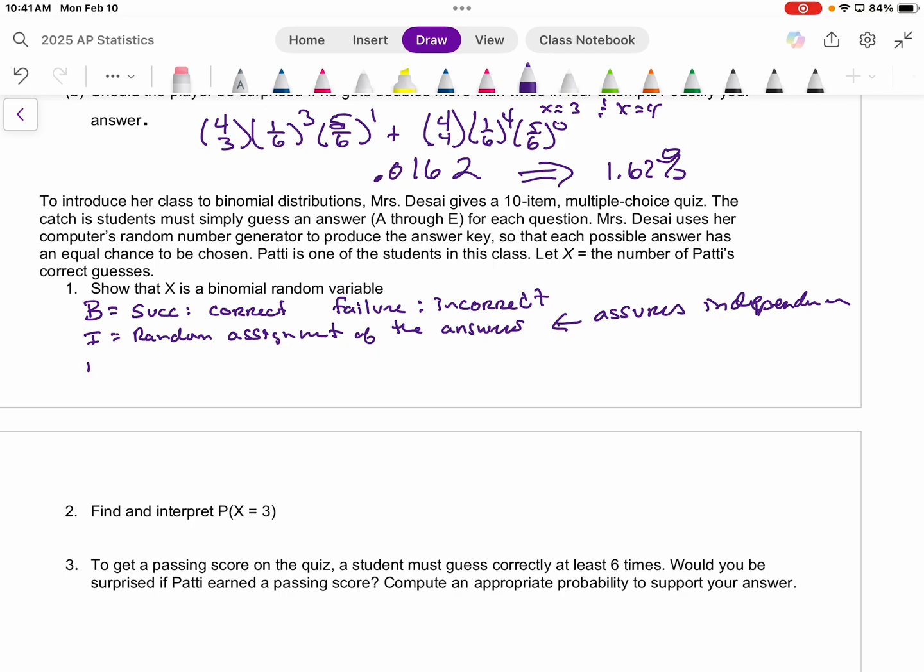How many questions were on the quiz? 10. So fixed number in advance. Success. What's the probability of getting it correct? Just getting a question correct. 1 out of 5. Stays the same each time, right? Sweet. So that's what we needed. Okay.